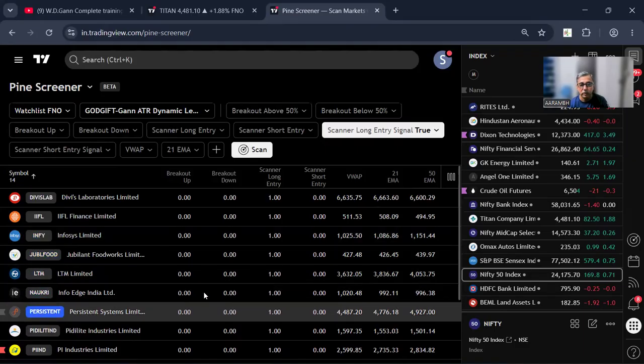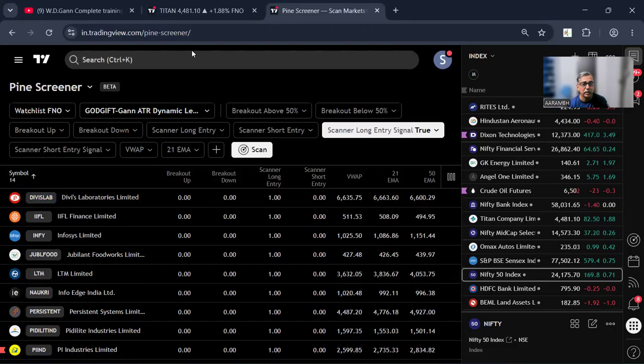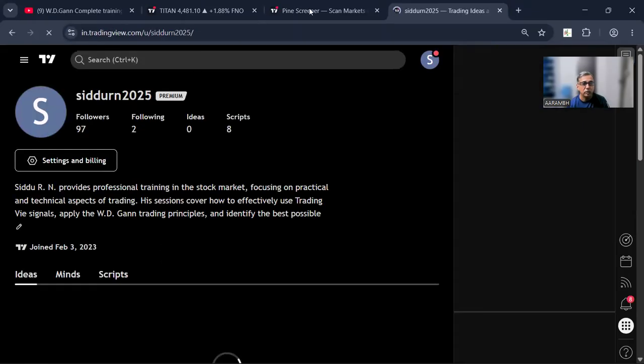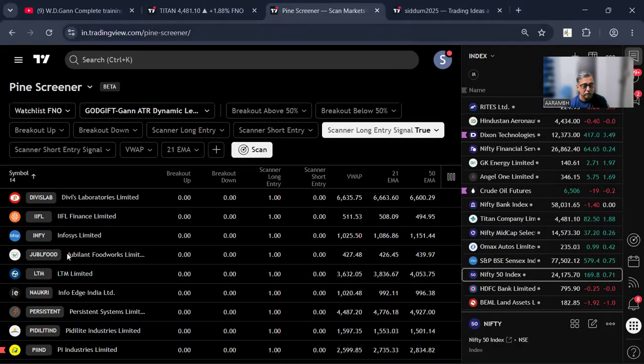So in the morning, you need to keep the scanner on one side, and on the other side, open a TradingView account. If stocks come up in the scanner, you keep on scanning here.